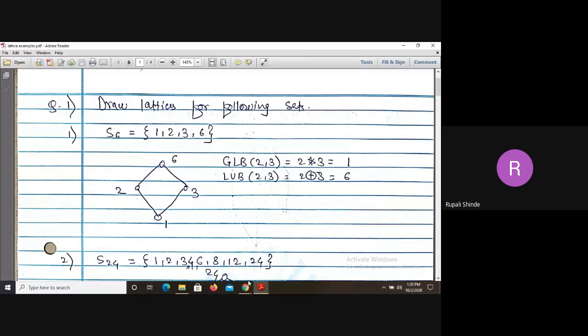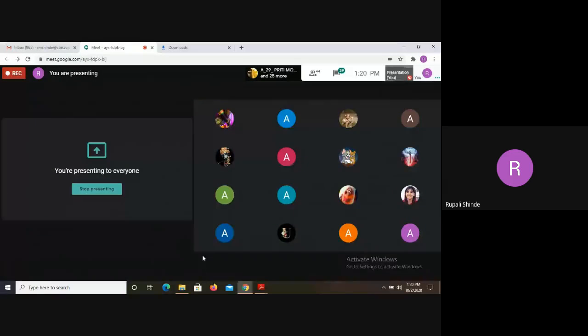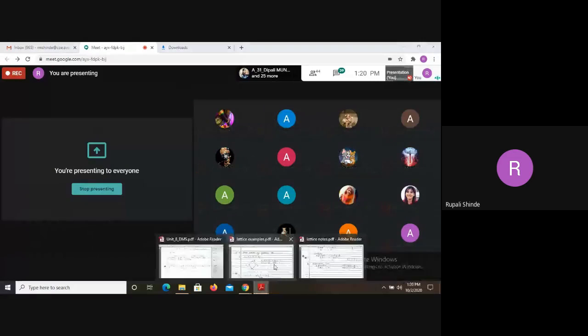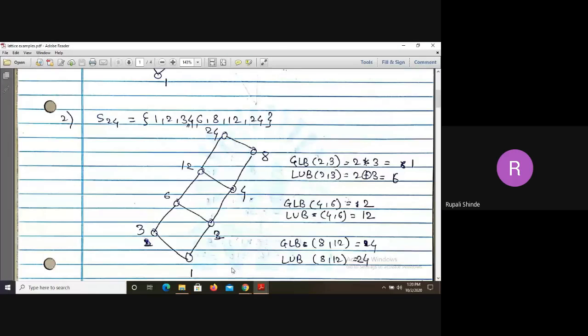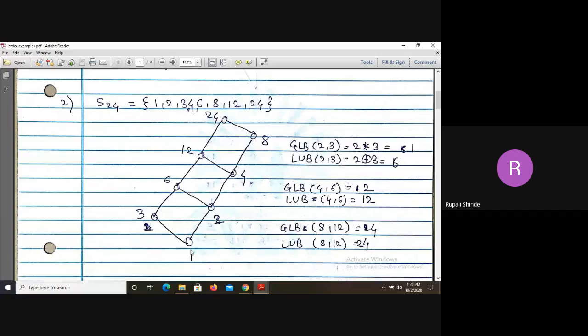So we will see the solution for this example. We can draw the lattice like this: the first element is 1, placed here. 1 divides 2 and 3, so 2 and 3 are written here. Then 2 divides 4, 4 divides 8.